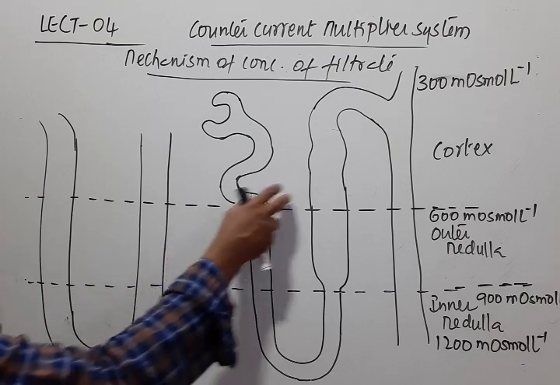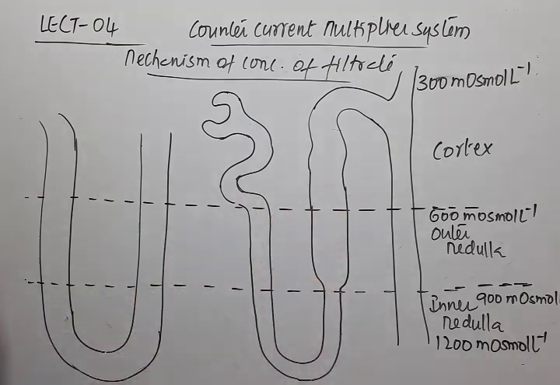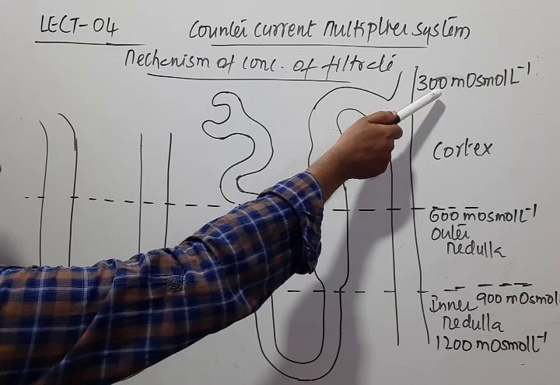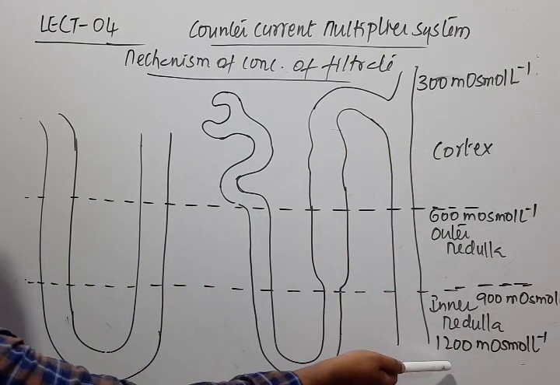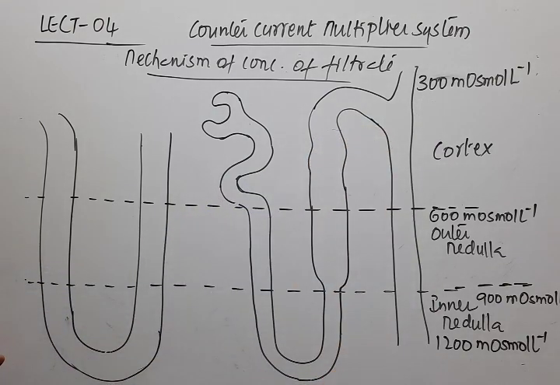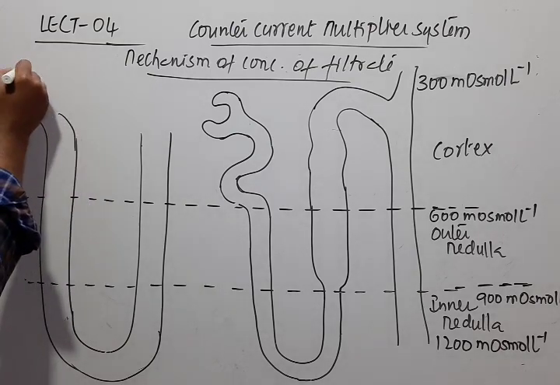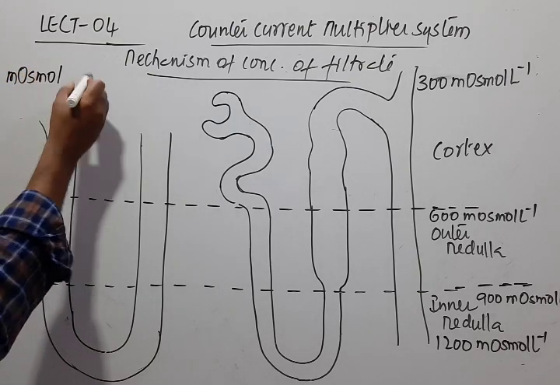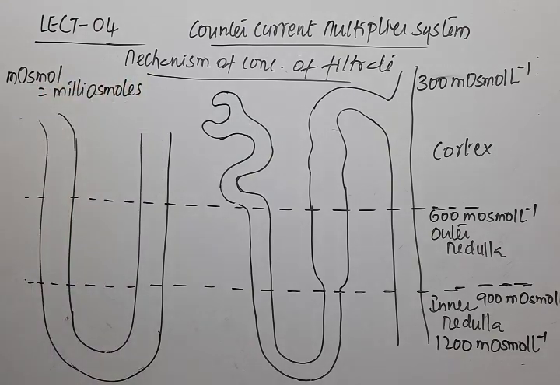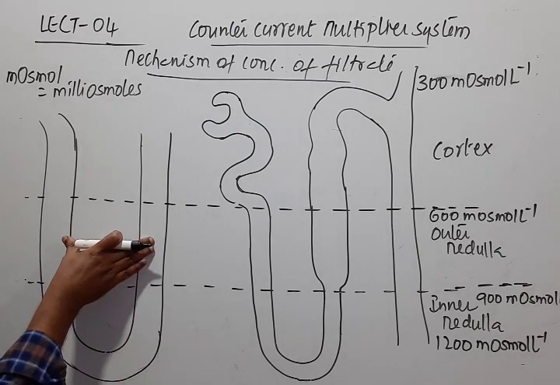Here everything is surrounded by interstitial fluid, and I'm telling you about the osmolarity of the interstitial fluid, increasing from 300 milliosmoles per liter in the cortex to 1200 milliosmoles per liter in the inner medulla. This mOsmol stands for milliosmoles.